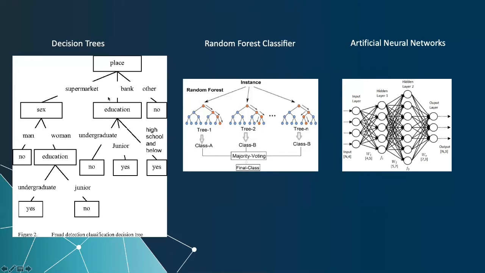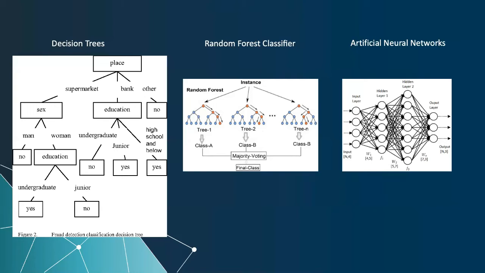If it's a supermarket, it could ask the gender of the individual. If it is a man, it asks another question; if it is a woman, it asks another question. If it is a bank, for example, it could ask about education, whether undergraduate, junior, high school, etc. By asking these questions in a tree format, it eventually gives a classification.